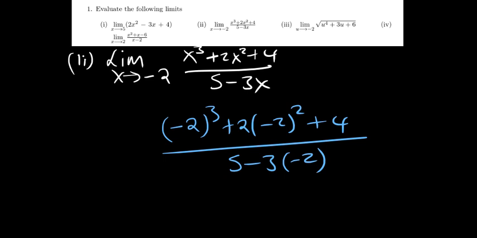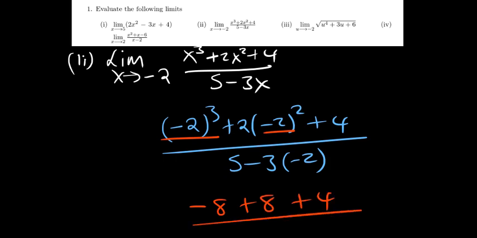On top, negative 2 to the power 3 is minus 8. Negative 2 squared is positive 4, times 2 is 8, and then plus 4. Negative 2 times negative 3 is positive 6, so 6 plus 5 is 11. The top simplifies to 4, and we have 4 over 11 as our result.